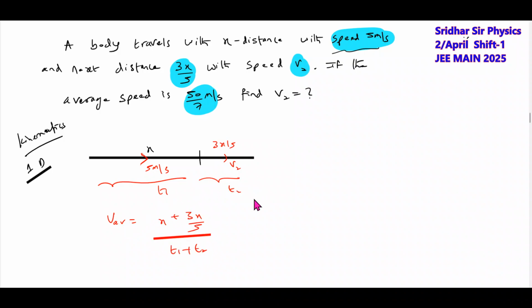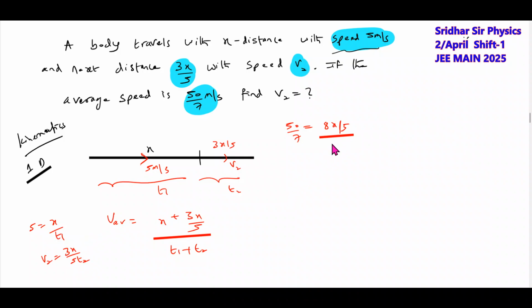What is the average speed given? 50 by 7. 50 by 7 is the average speed. Then this will be 8x by 5 over t1 plus t2.